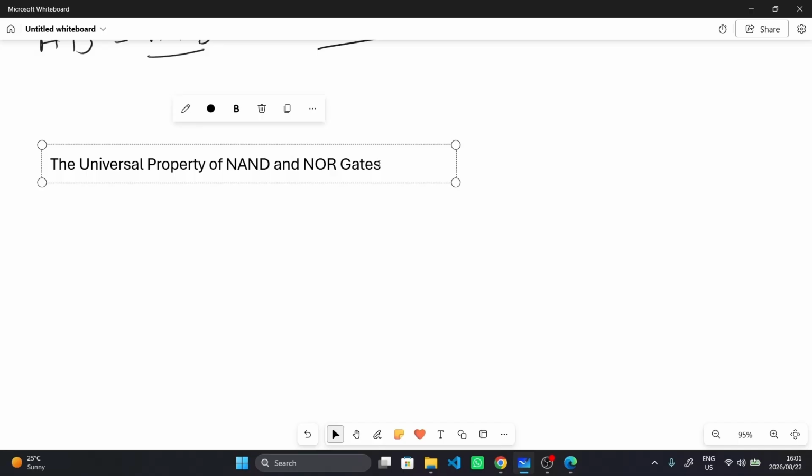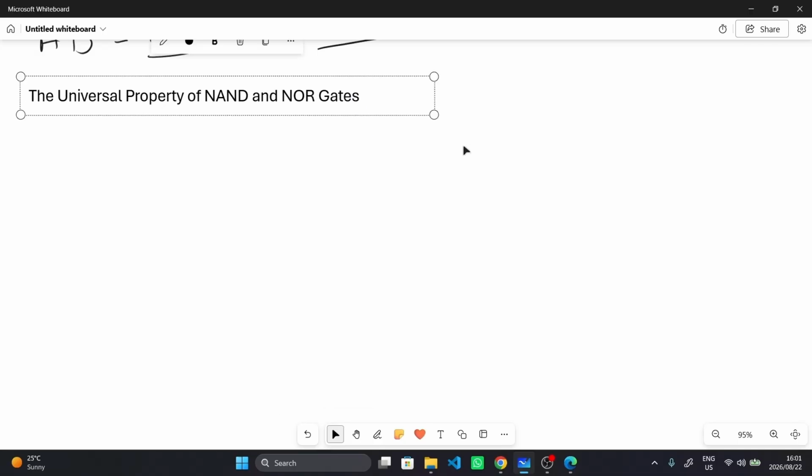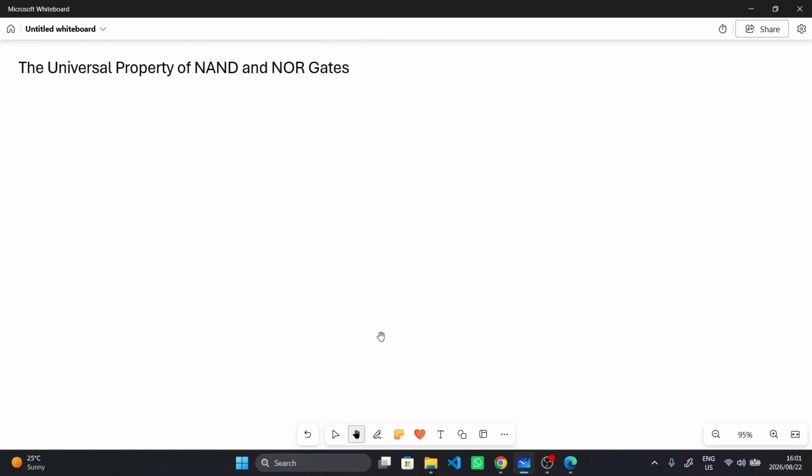So we are going to use this here. So this is where that comes in. The universal property of NAND gate and NOR gate, right?